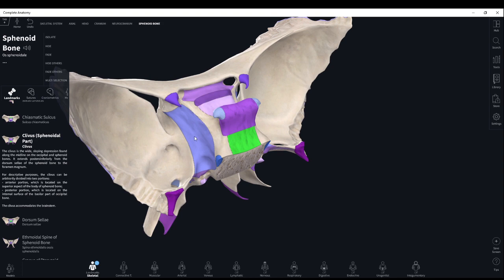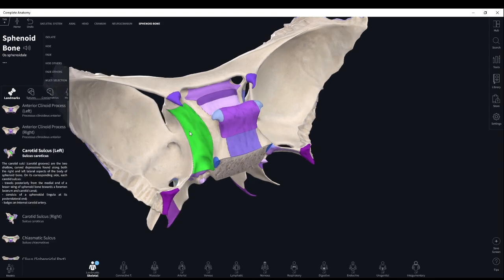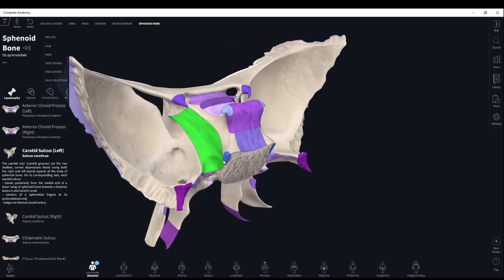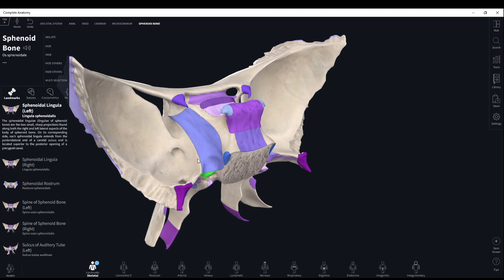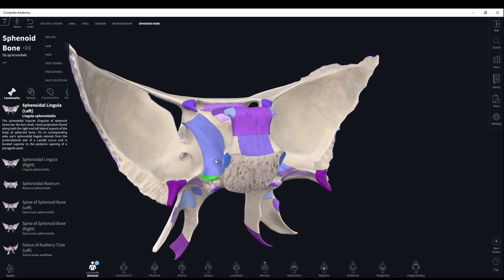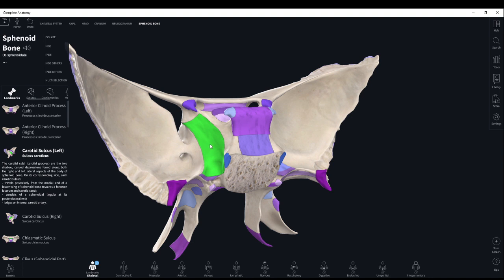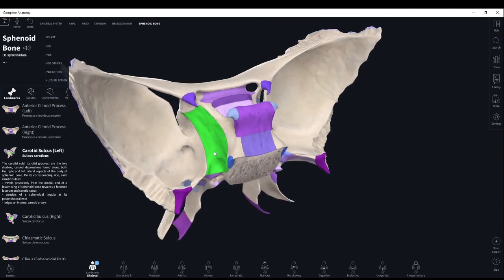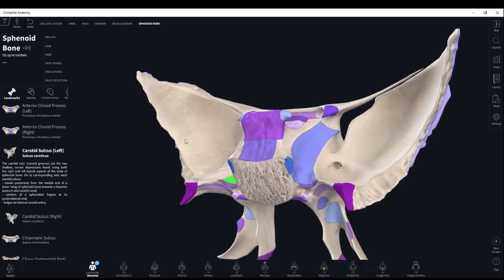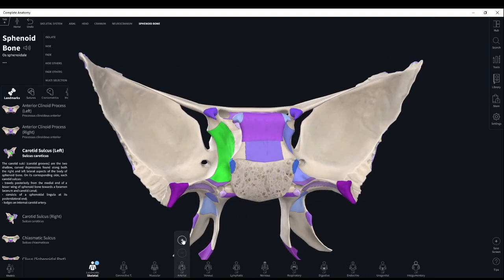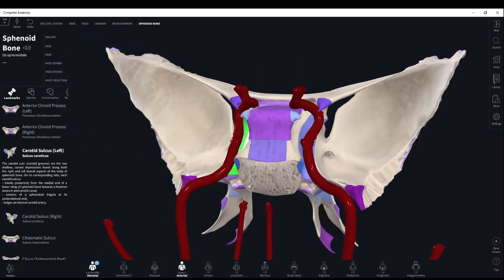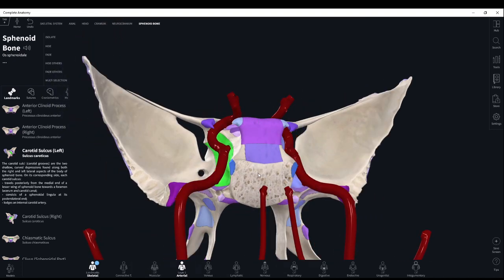On the lateral aspect of the sphenoidal bone, you can see the carotid sulcus, which consists of the sphenoidal lingula, the small part. The carotid artery and cavernous sinus are located here. The carotid artery passes along this sulcus.